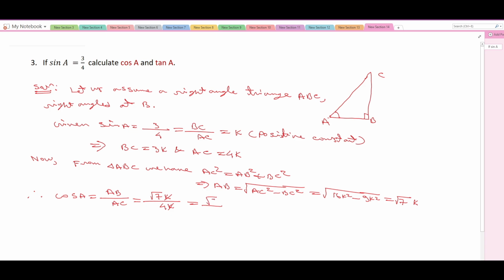We have root 7 by 4, and tan A equal to perpendicular by base, BC by AB, where BC equal to 3K and AB equal to root 7 K. K cancels out. We have 3 by root 7.